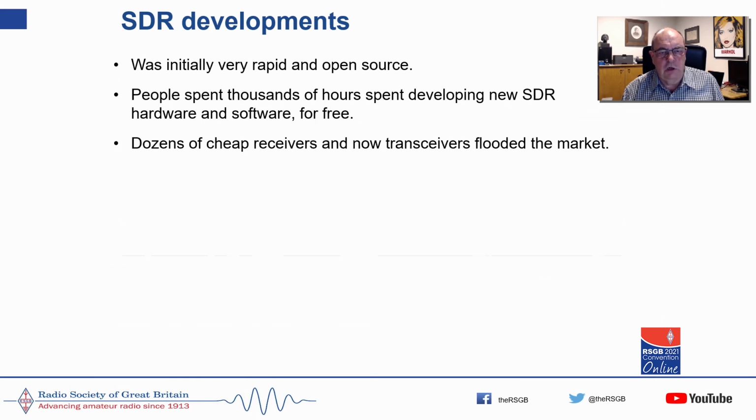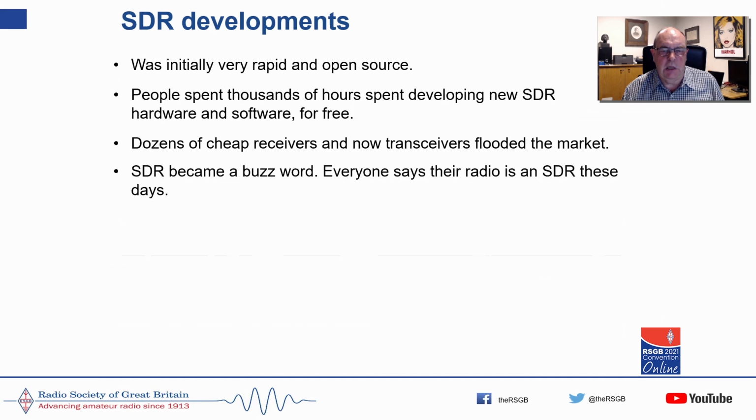So there was lots and lots of receivers particularly, and transceivers, but mostly receivers. Receivers because they're easier to make, and the big benefits that you get from software-defined radio affect receiver performance.